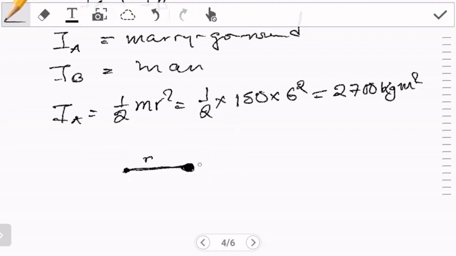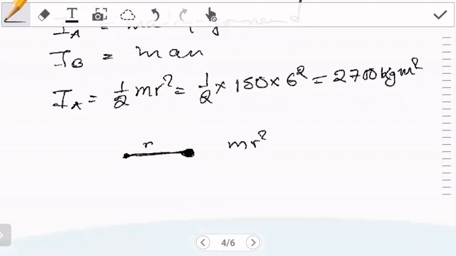The moment of inertia for such a system is given by mr squared. This is the format we used to derive the expression for torque in the introduction video. So I B for the man is mr squared.